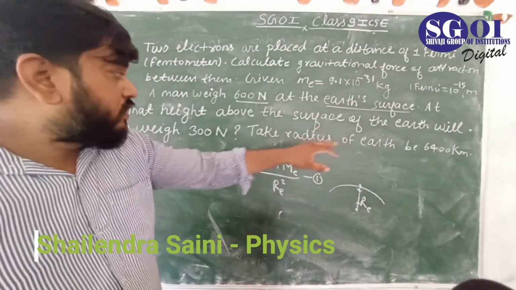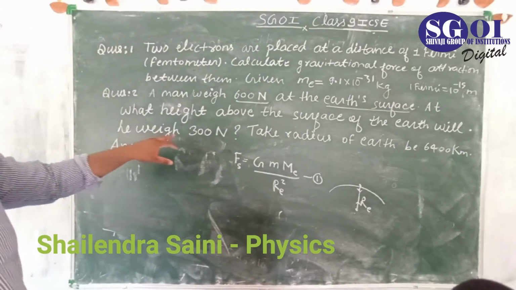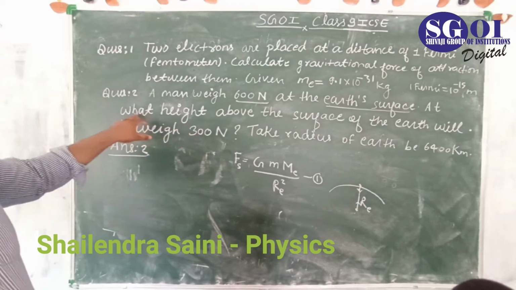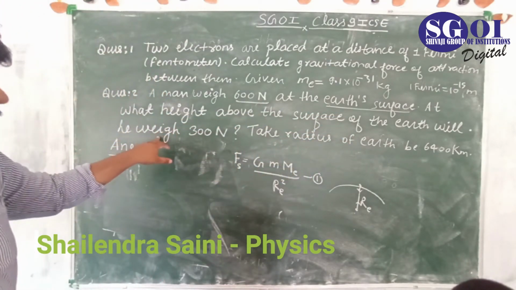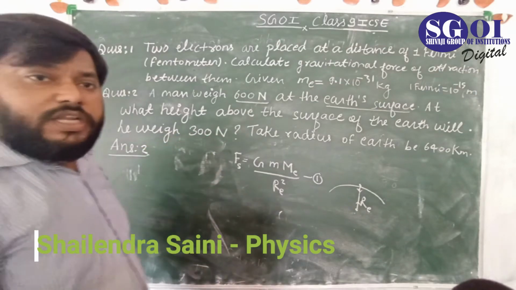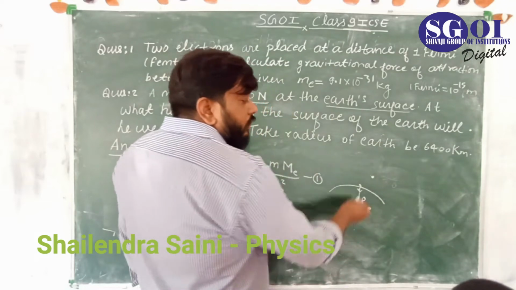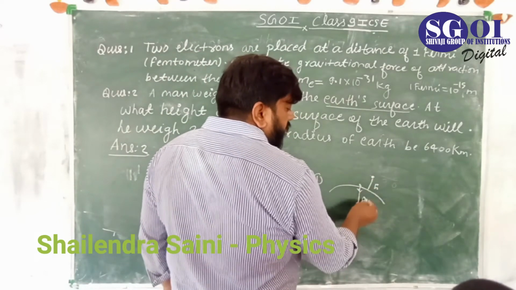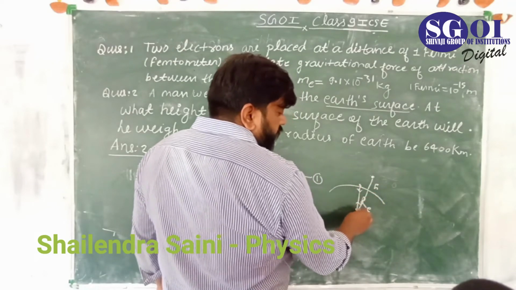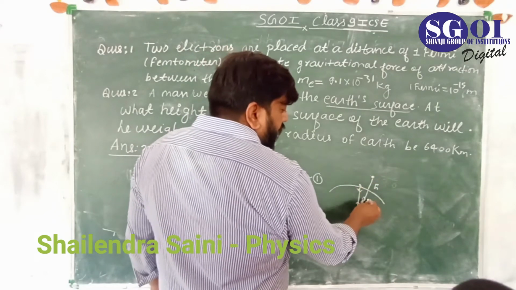Now, it is written here: at what height above the surface of the Earth will he weigh 300 Newton? Suppose at this point, you are at height h from the surface of the Earth, and from the center you are at Re plus h.